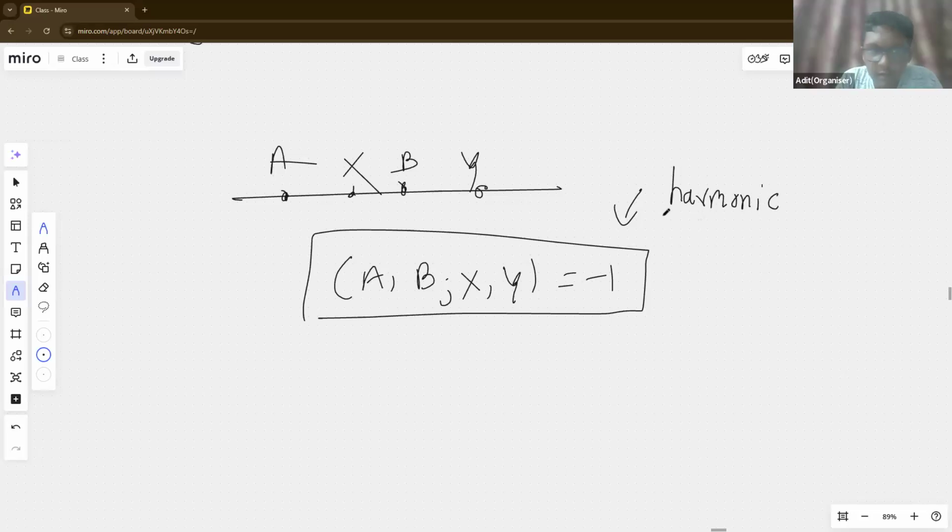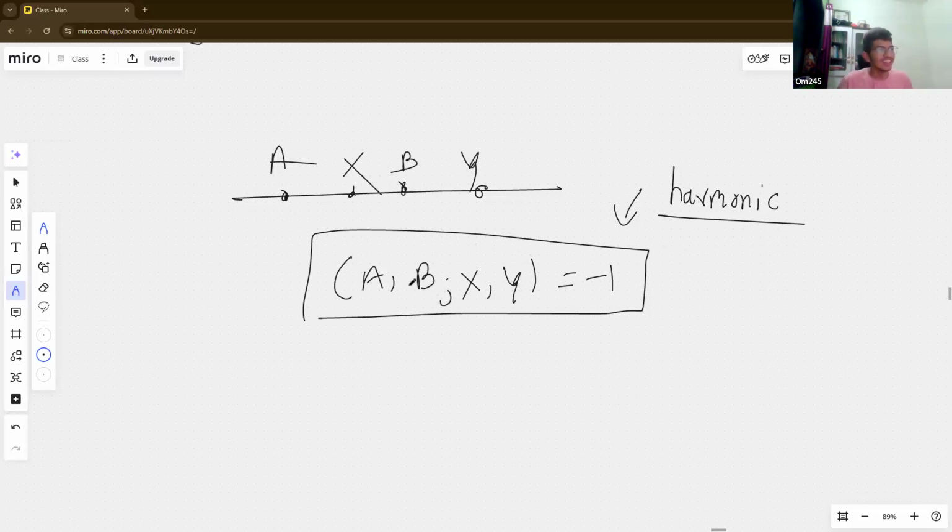The reason we call it harmonic, I think, is because then AX, AB, and AY form an HP, if I remember correctly. Okay, we call it harmonic for now because we like the name.